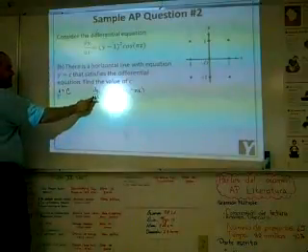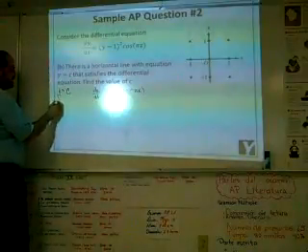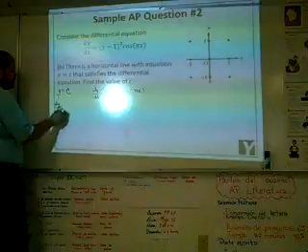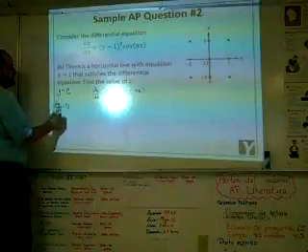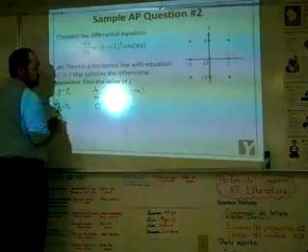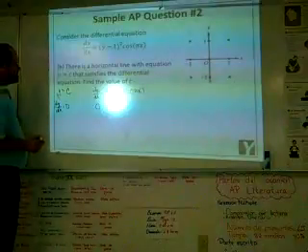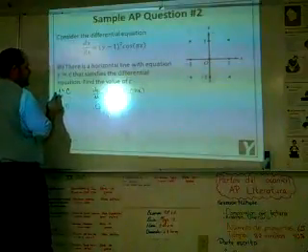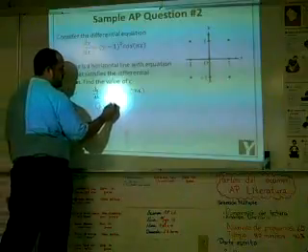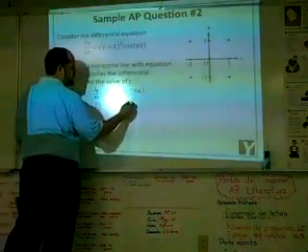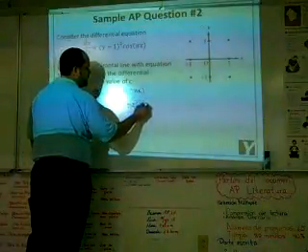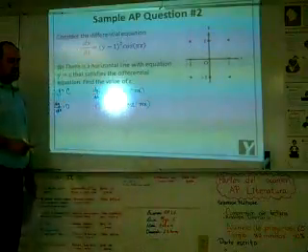Well, if y is a constant, then we know that the derivative of a constant is equal to 0. So our differential equation becomes 0 equals, instead of (y minus 1) squared, (c minus 1) squared times the cosine of pi times x.